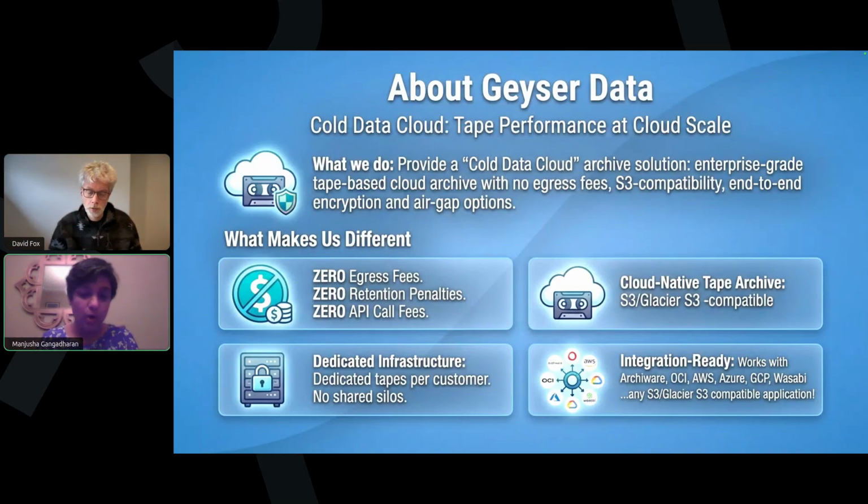And when you want to un-air gap it, you can go to the console, type in the password and the 2FA, and then the tape is mounted back in the drive. So it's that added level of protection. And because we are S3 and Glacier S3 compatible, it works seamlessly with any application that is S3 and Glacier S3 compatible. We can move to the next slide.